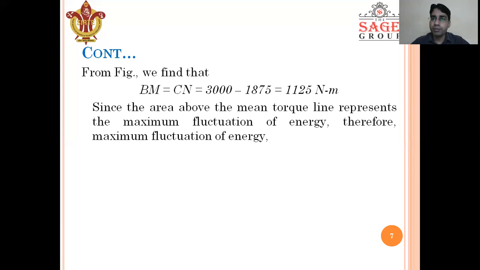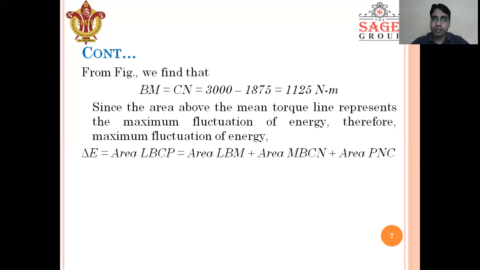Since the area above the mean torque line represents the maximum fluctuation of energy, the maximum fluctuation of energy is equal to the area of LBCP, that means the total area. This area is divided into three parts, as we discussed with the figure: this is a triangle, this one is a rectangle, and this one is also a triangle.